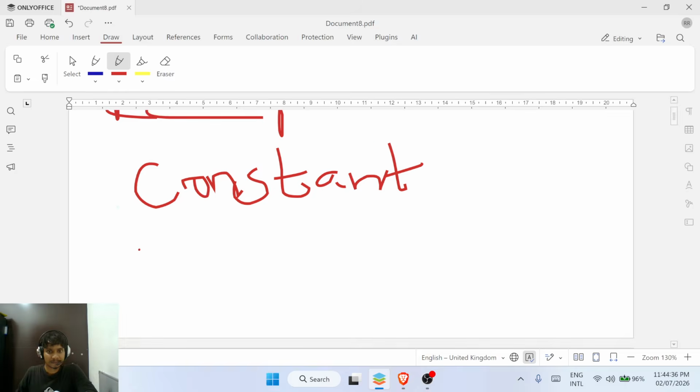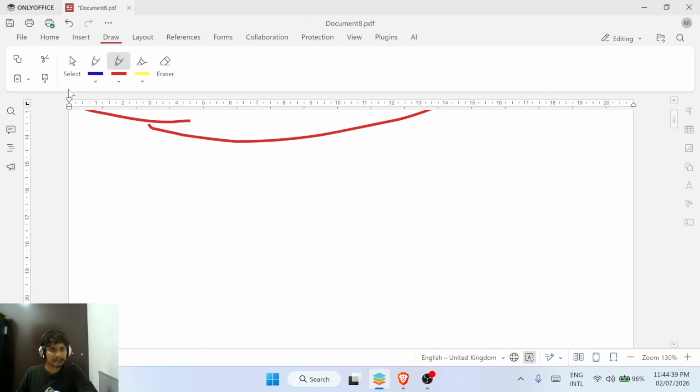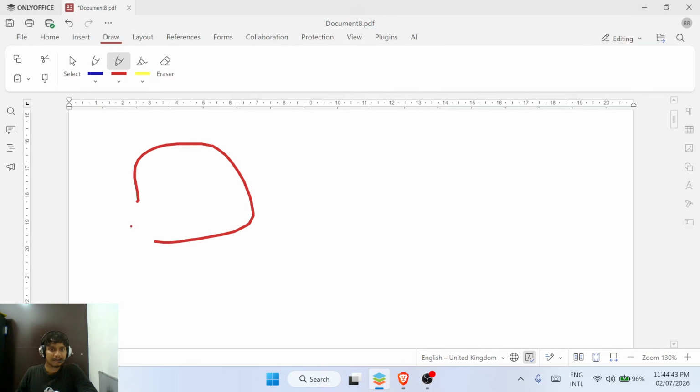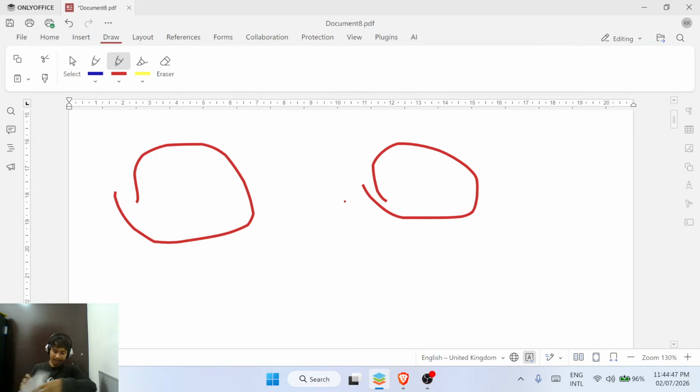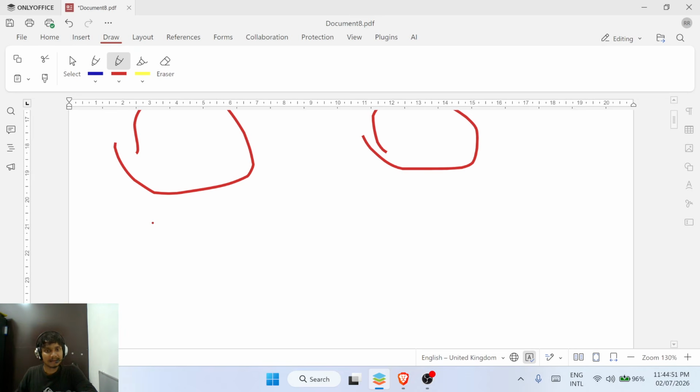Now let's see the initial pressure. I take P1, the initial pressure, which is constant, so we take P. Here also P is a constant.